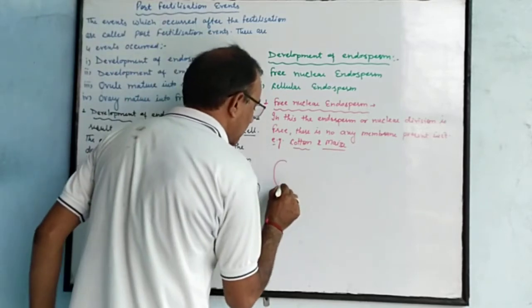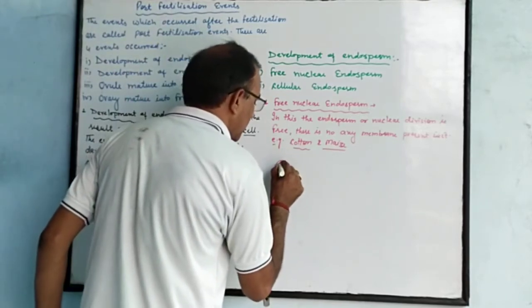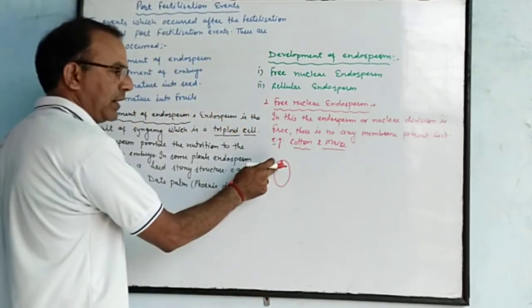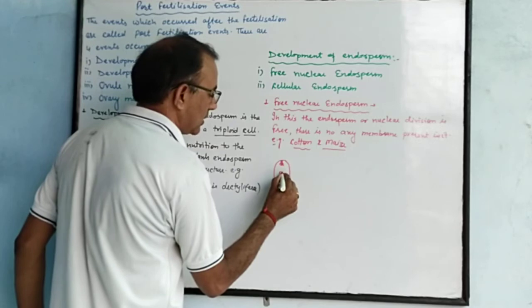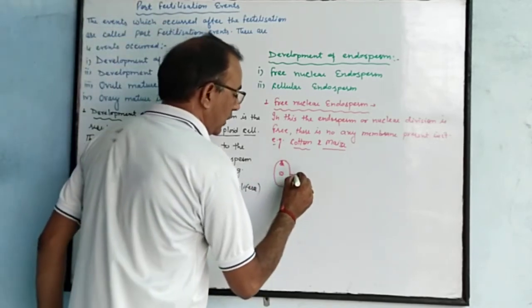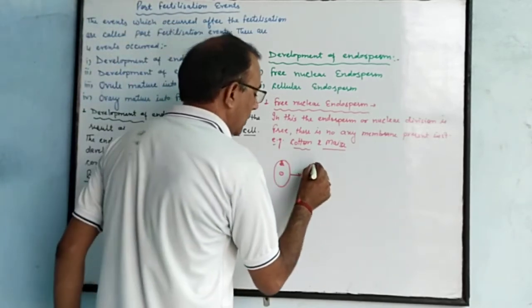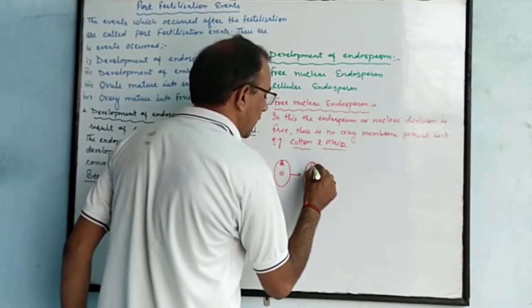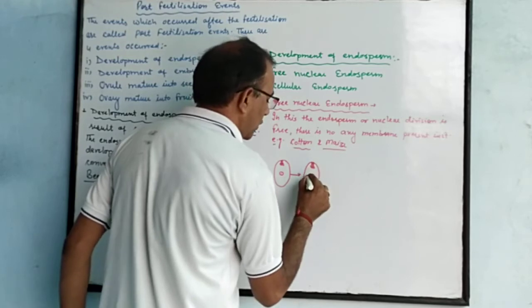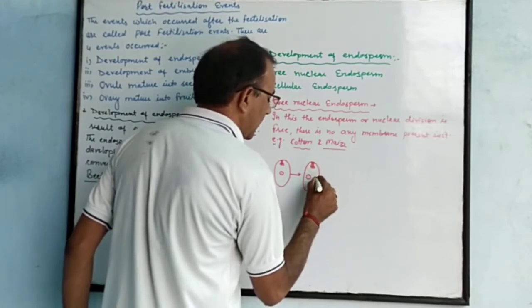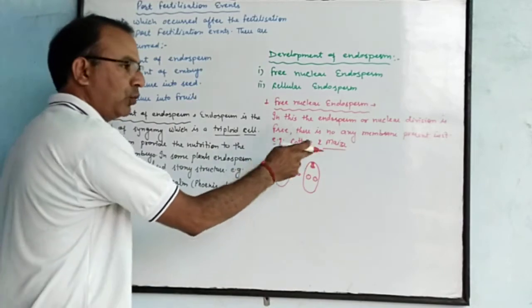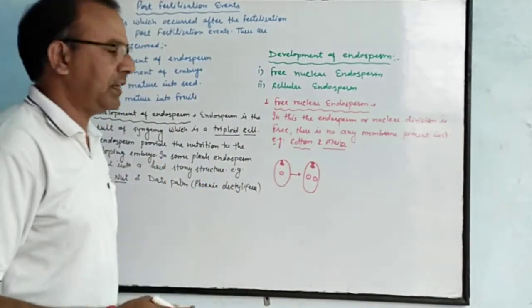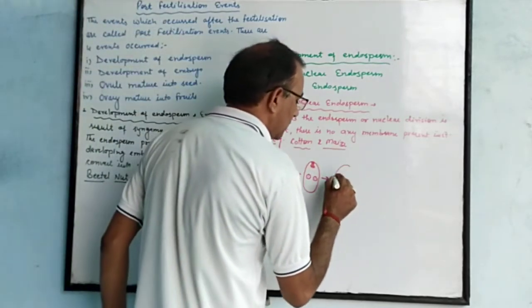Suppose this is the ovule in which the embryo is developing, and the endosperm is contained in it. When nuclear division takes place, it occurs freely: 1 to 2, 2 to 4, 4 to 8. इस प्रकार मल्टी नंबर जो इंक्रीज होते चले जाते हैं, फाइनली इट रीच टू दिस वन लाइक स्ट्रक्चर.